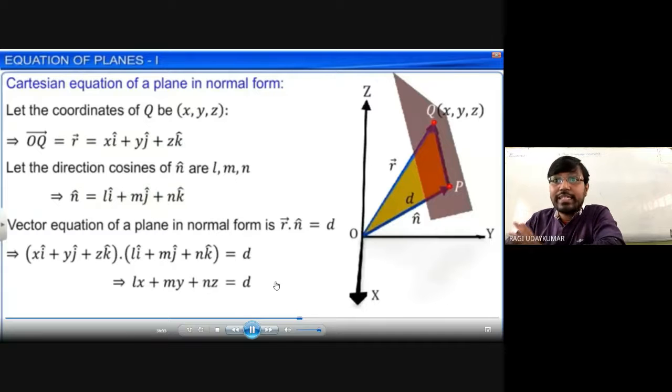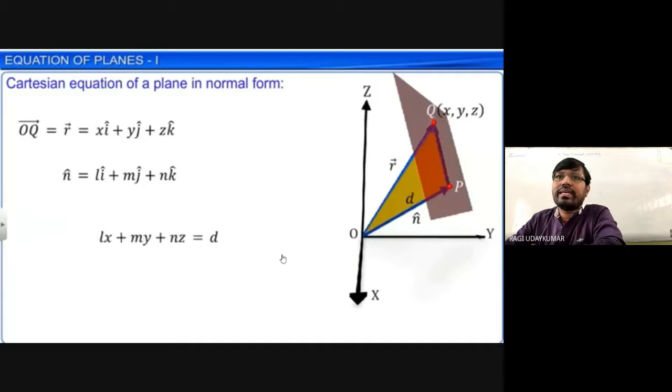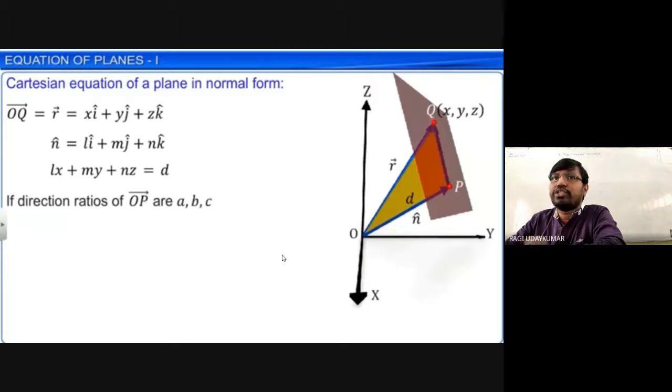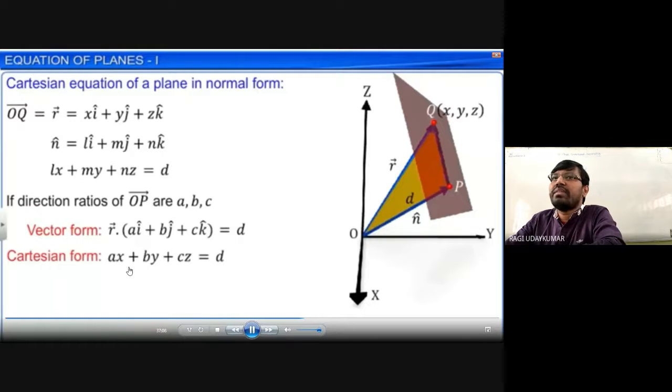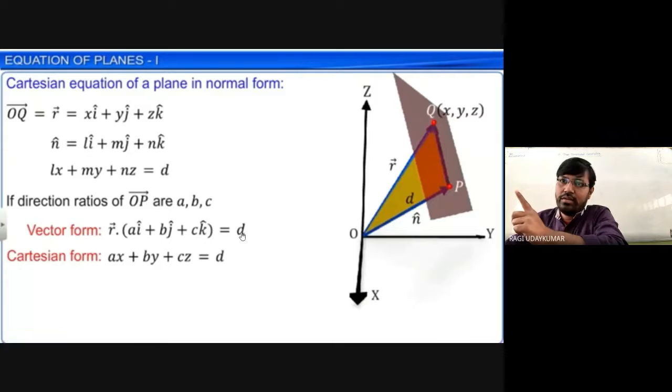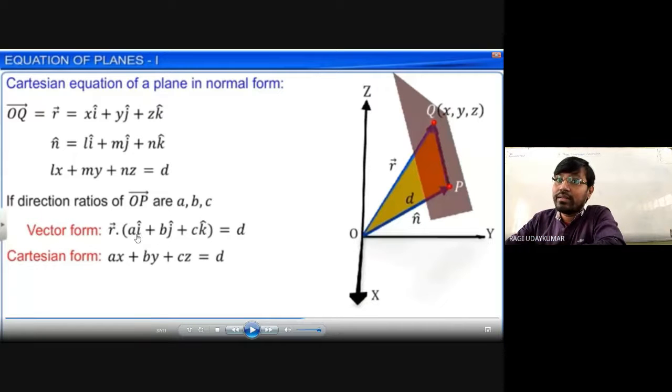If the direction ratios of the normal are given to you as A, B, C, then the equation of the plane will be taken as Ax plus By plus Cz is equal to D. But here D is not the distance from the origin, since this is not a unit vector. Please concentrate.